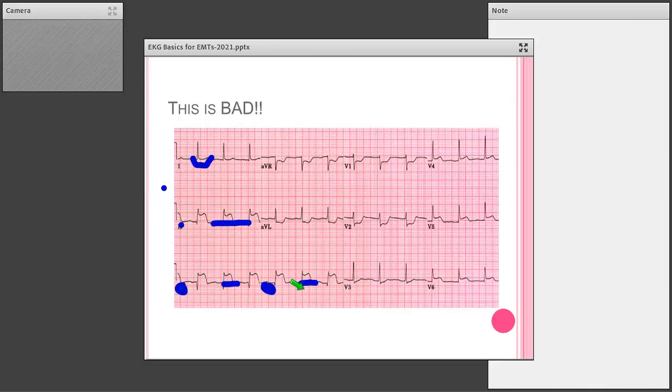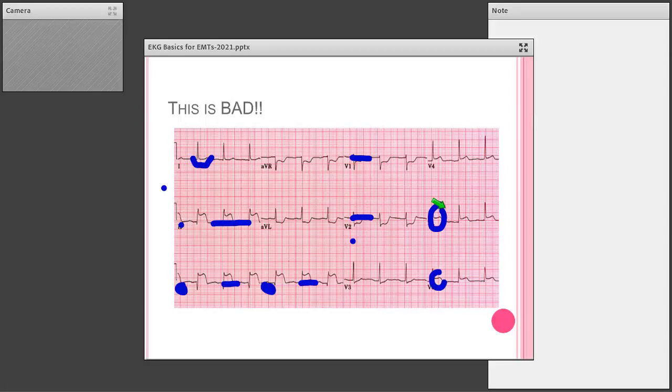If we look for reciprocal changes in this other group here, we've got the isoelectric line, we've got some significant ST depression here, ST depression here, and we've also got a little more elevation here and here.